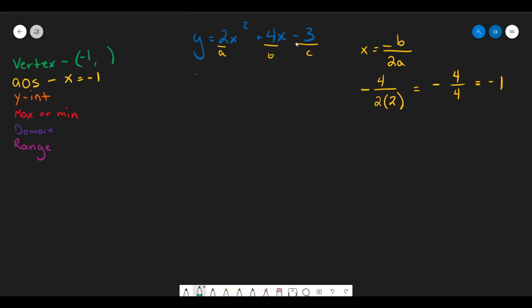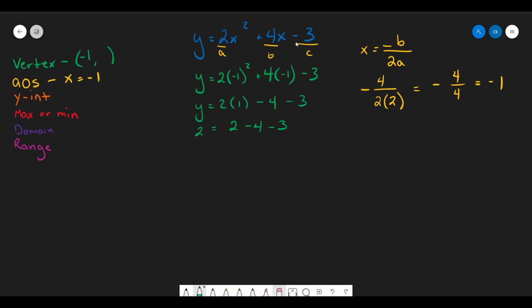So I'm going to replace all of my x's with negative 1, and I'm going to solve for y. Negative 1 squared is 1. 4 times negative 1 is negative 4. 2 times 1 is 2.